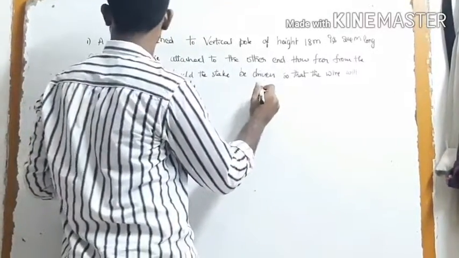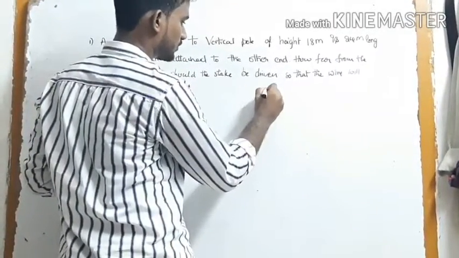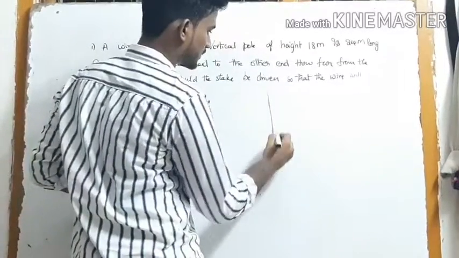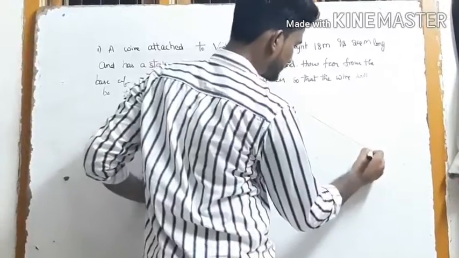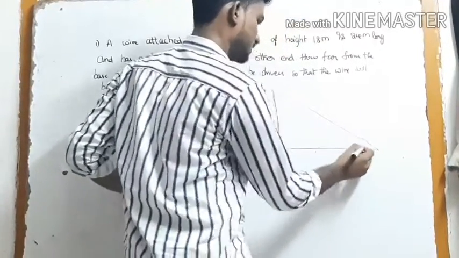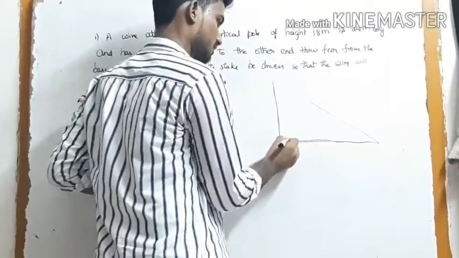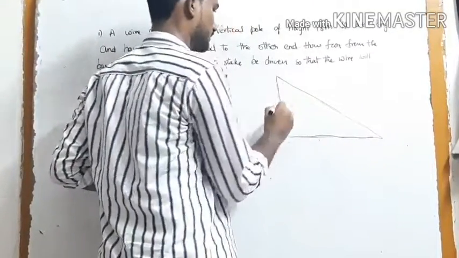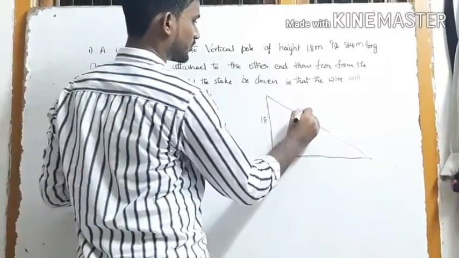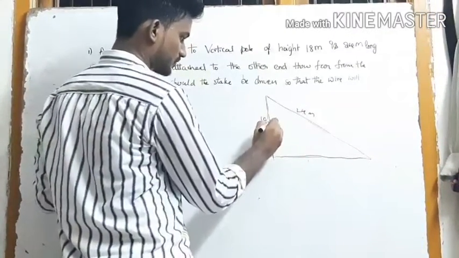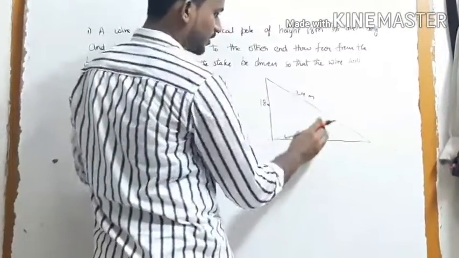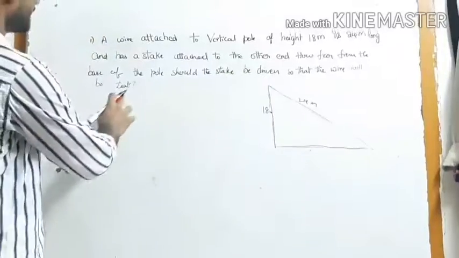First we draw this: the vertical pole, the wire, and the stake. The height is 18 and 24 meters is the wire. If we pull the stake, how far will the wire be taut is the question.